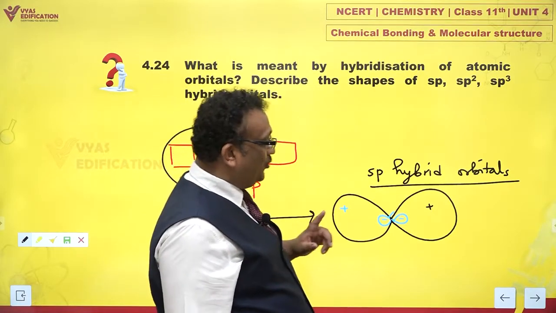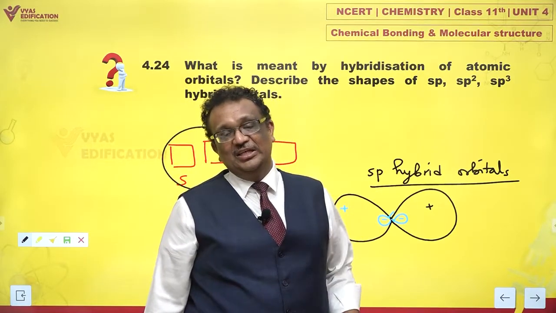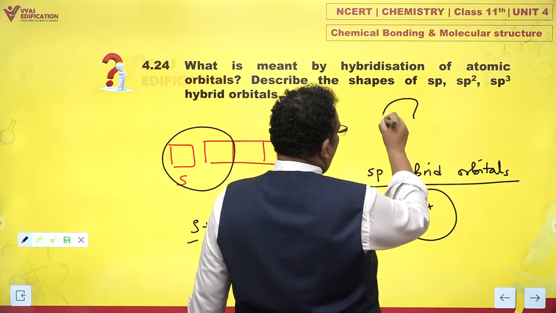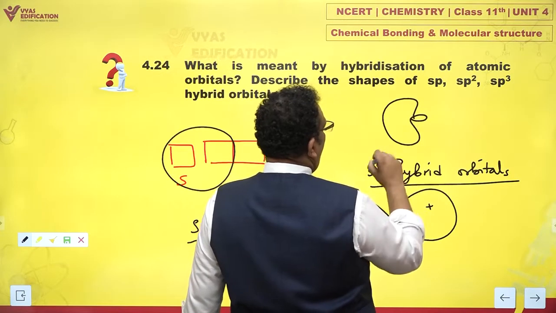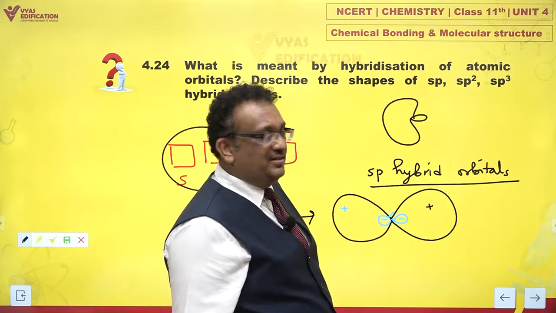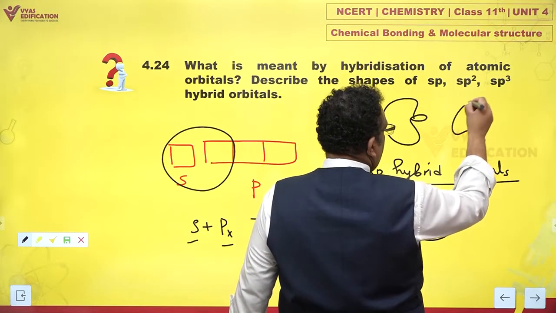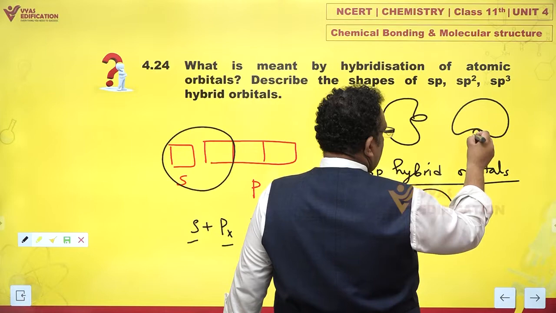If you want to be very accurate, although this is totally sufficient for NCERT, I can tell you that the accurate shape of a hybrid orbital is more or less like a mushroom.